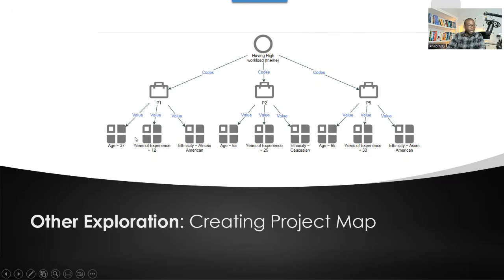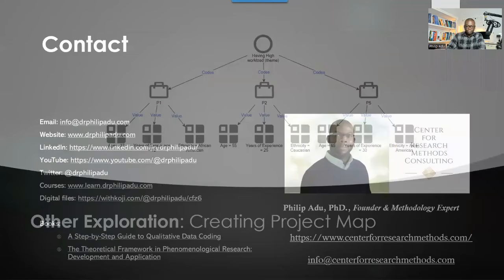You can see that participant 1 is 37 years old, has 12 years of work experience, and is African American. So you can present the background information, especially if you want to talk about who is connected to the theme and the background of the participants who are connected. This information will be very useful for you.